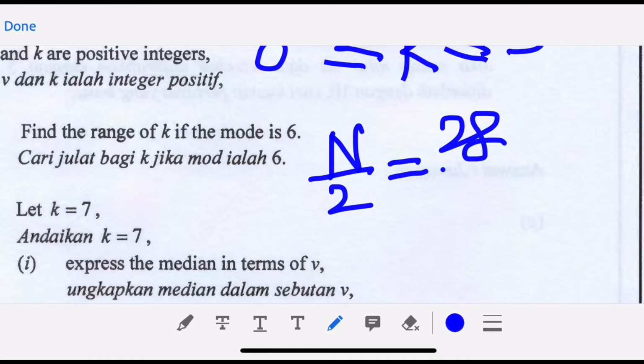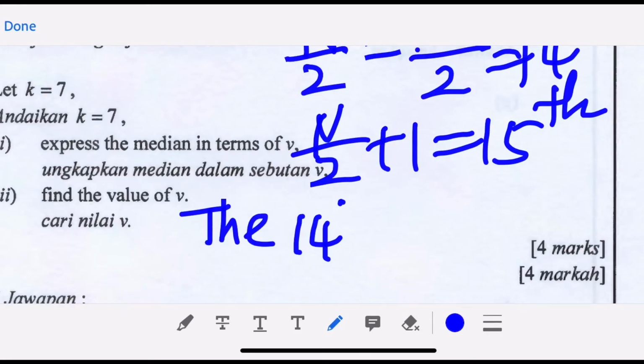Now I will substitute k equal to 7 and try to figure out the answer for the median. So just now we have the data given in the table. If I find the median, I have even data, 28. For the median of ungrouped data with an even count, I take 28 divided by 2, which is 14, and then 14 plus 1, which is 15.